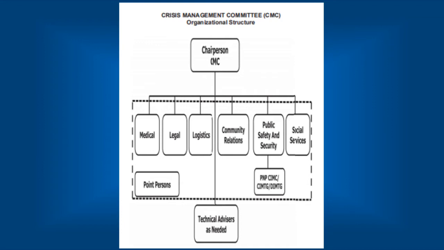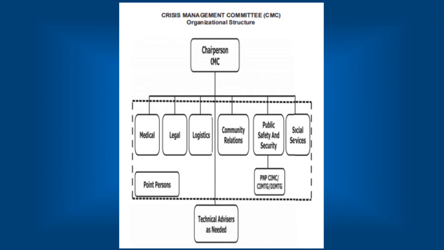So meron dyan for medical, legal support, logistic, community relations, public safety and security, social services. And take note, ang area kung nasaan nabibilang ang PNP, CIMC, CIMTG, DIMTG is nandyan sa public safety and security.